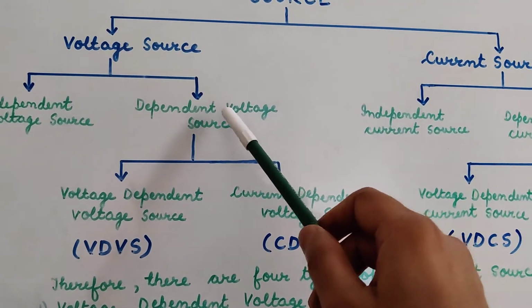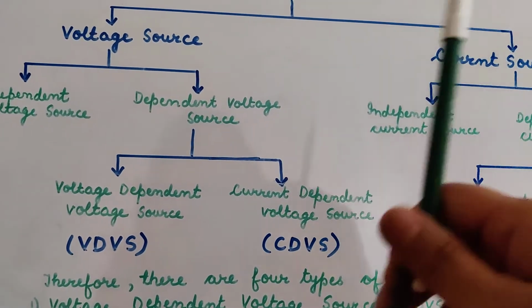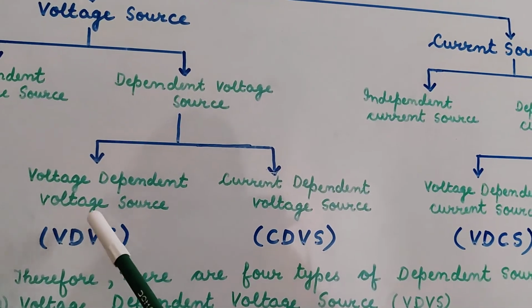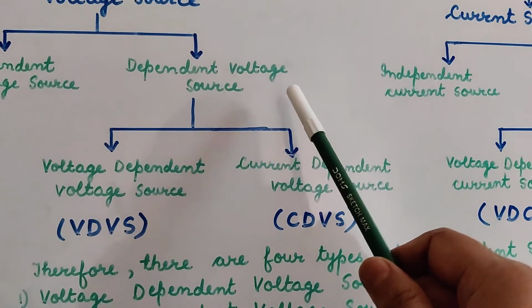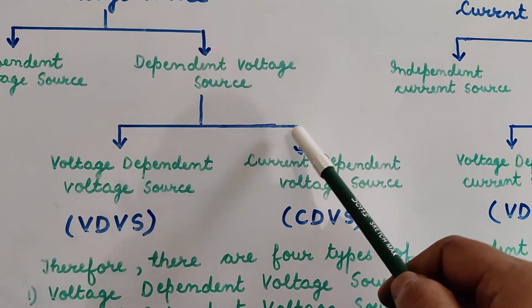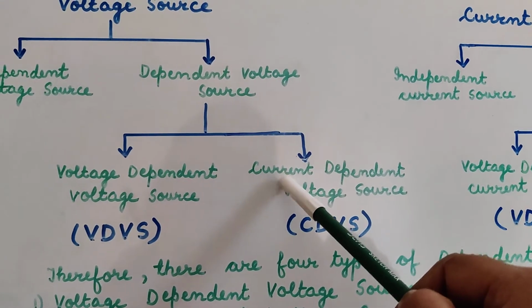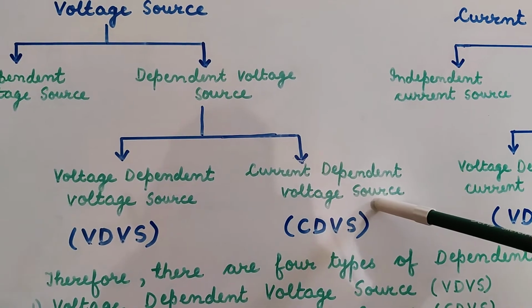If the dependent voltage source depends on the voltage in any other circuit element, then we will call it a voltage dependent voltage source. And if the voltage source is dependent on the current in some other part of the circuit, then that type of voltage source will be called a current dependent voltage source.